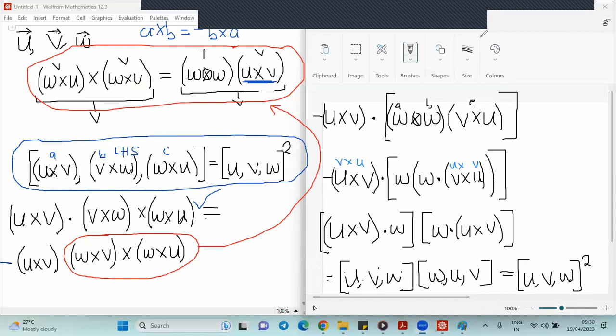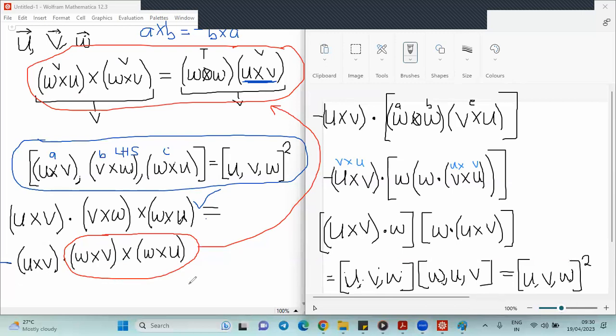Thank you so much. Please, I want to ask from this part where you have minus U cross V dot open brackets W cross V cross W cross U. That's the last line over here on the left-hand side. Exactly.